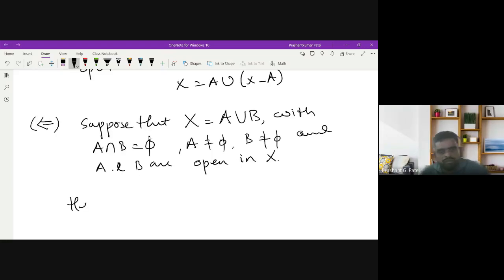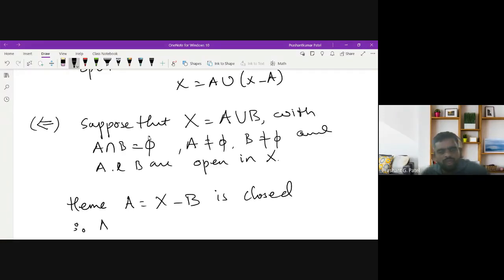So hence, what we can have here is A, which is X minus B. That is easily seen to be closed because B is open. Since B is open and they are disjoint, A will be X minus B. So A is closed.